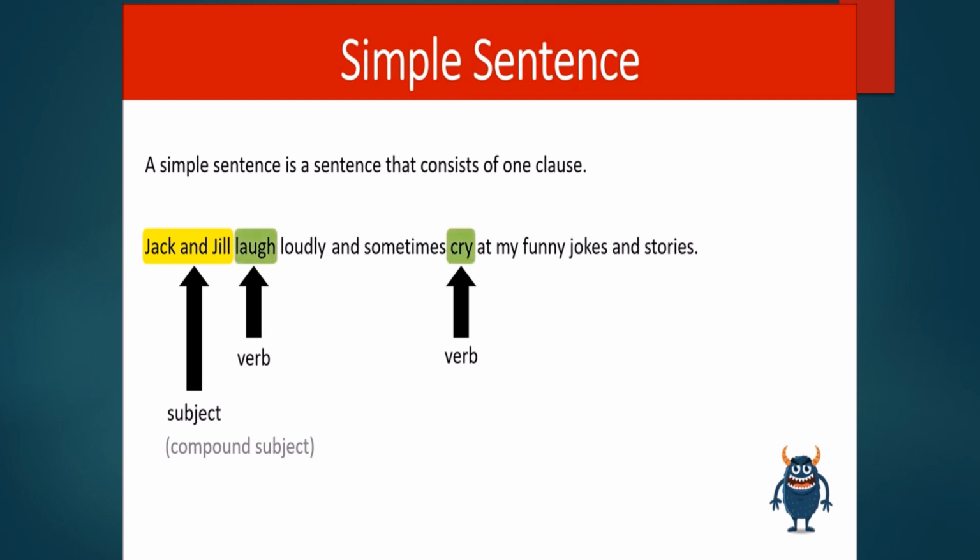It's still one clause. It's still a simple sentence. When you have two or more verbs sharing the same subject, it's called a compound predicate. But it's still a simple sentence. Let's get rid of that.